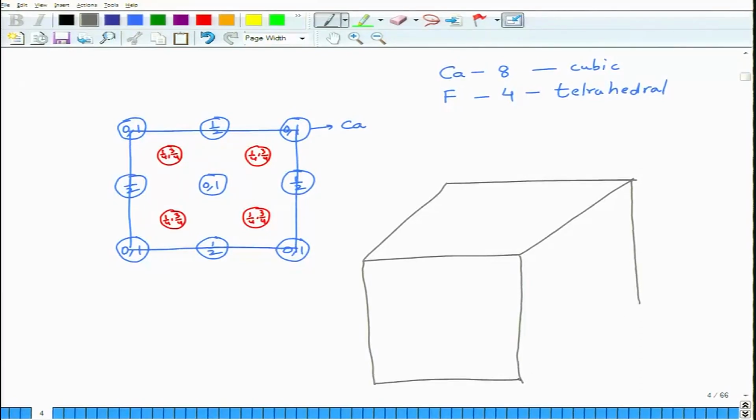Now, this is a bit complex unit cell. I need to divide this unit cell into 8 unit cells.